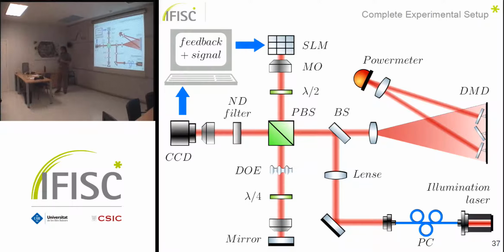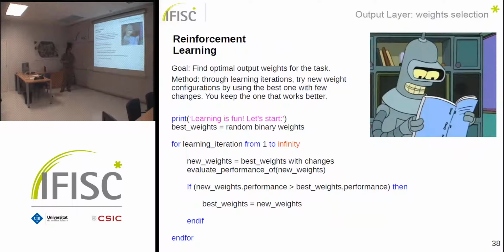We need only one last ingredient to make this actually work, and it's to find the optimal configuration of output weights. For that, we need to implement what is called a learning technique, and we are going to use a version of reinforcement learning. As I said, the goal is to find the optimal output weights configuration.